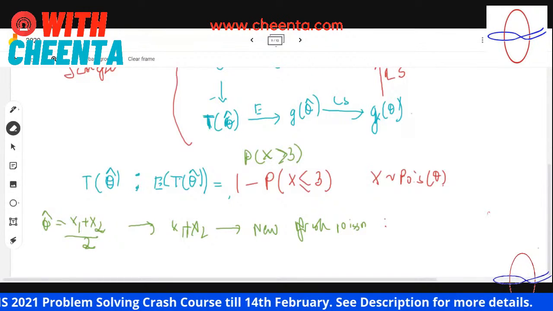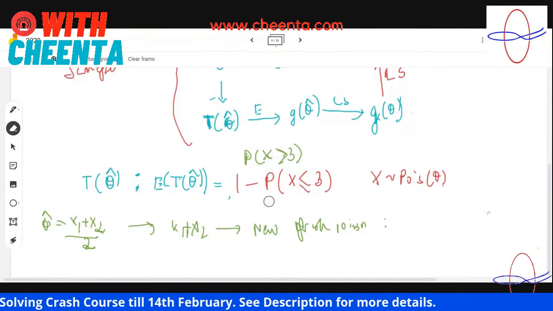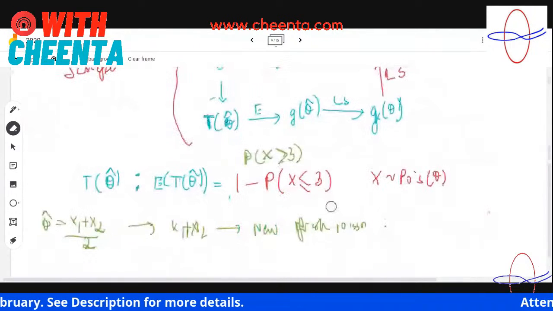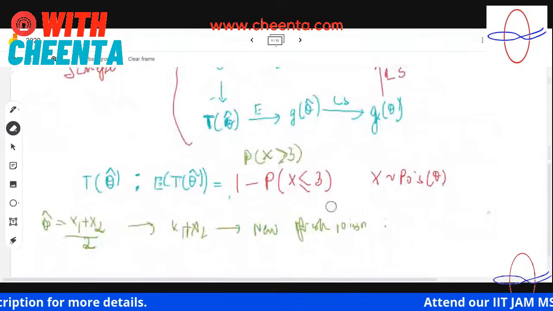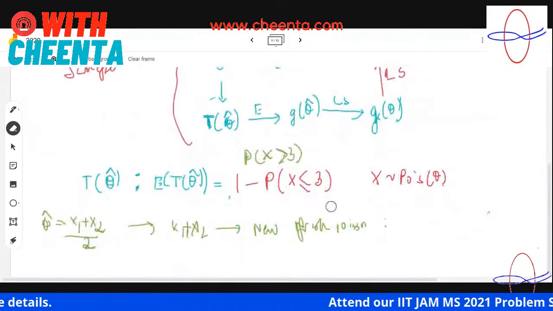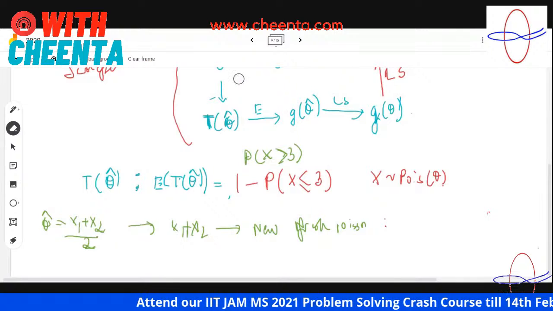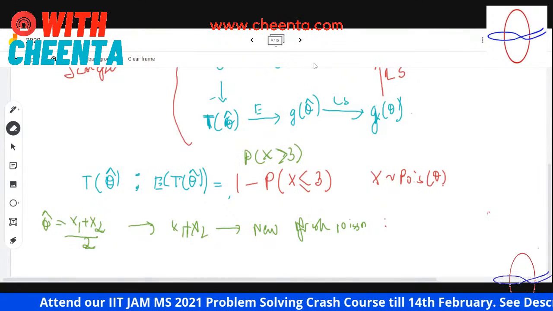Perfect. So here, very good. So Debargo is creating this new function from x1 plus x2, which is actually Poisson. Okay, let's see what he has to offer.